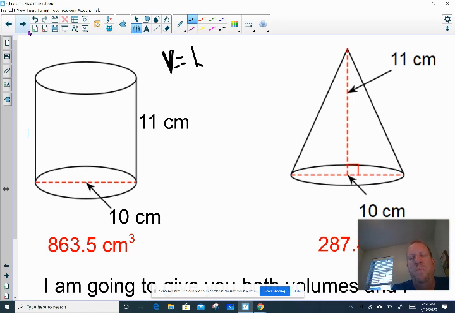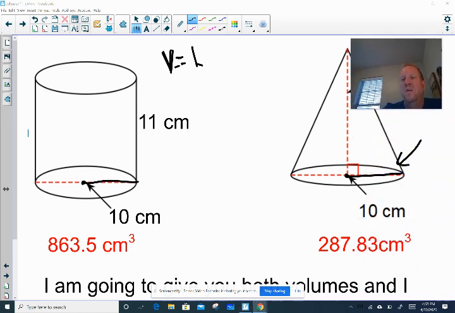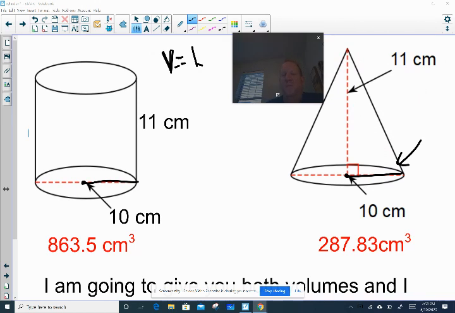So in both cases, my cylinder has a 5-inch radius, and my cone has a 5-inch radius. Remember, divide it in half because the radius is only this part. Radius is only halfway. So I'm going to give you the volumes of both of these.